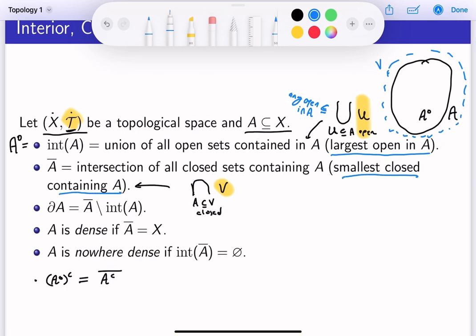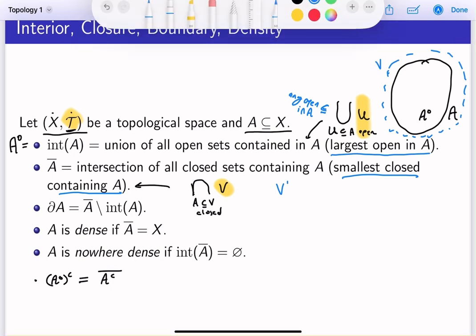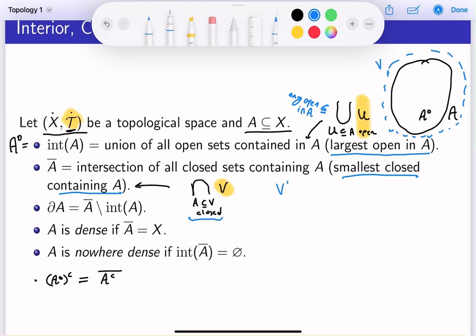And the closure is the smallest closed set containing A. And why is that? It's because if I take any closed set containing A, let's say V prime, it's a closed set containing A, then V prime is one of these sets here, right? It's a set containing A and it's closed. So V prime is among these sets that I'm intersecting, right? But if I take V prime and I intersect it with something else, then I'm definitely going to get something smaller.